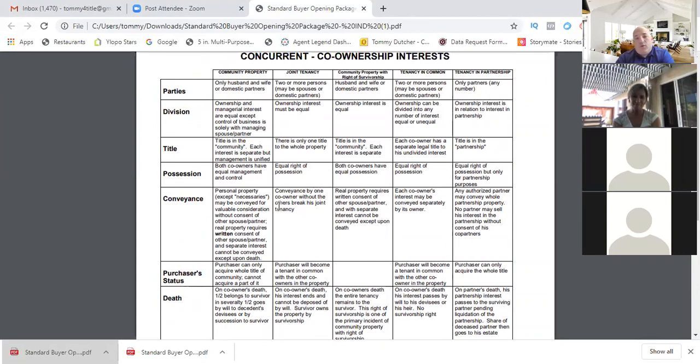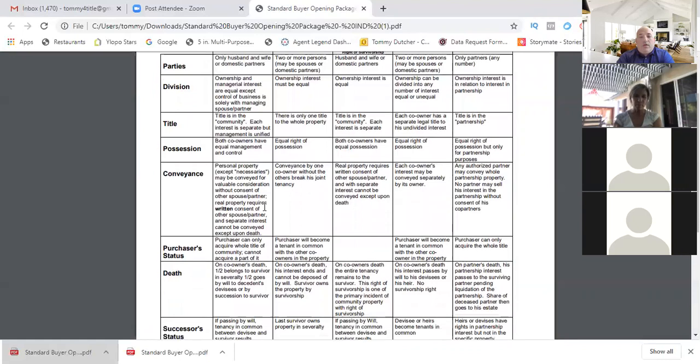Conveyance by one co-owner without the others breaks the joint tenancy. So if one partner wants out of ownership or wants to be bought out, and that takes place, joint tenancy is broken and title will need to be held in a different fashion, okay? The purchaser will become a tenant in common with the other co-owners in the property.